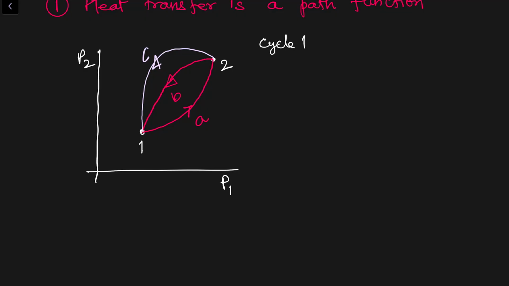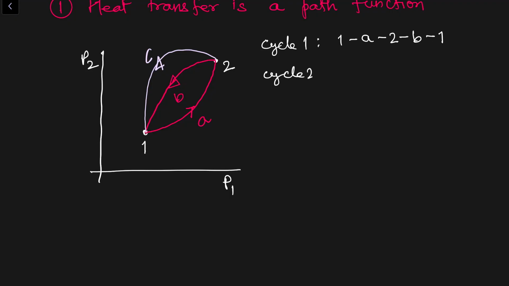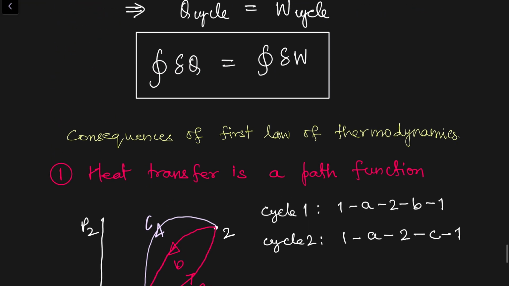Suppose cycle 1 is 1A2B1, and cycle 2 is 1A2C1. And we just saw that the cyclic integral of heat is equal to the cyclic integral of work.